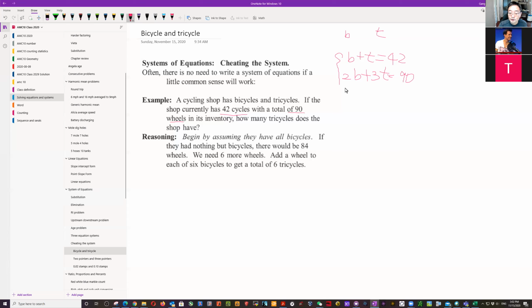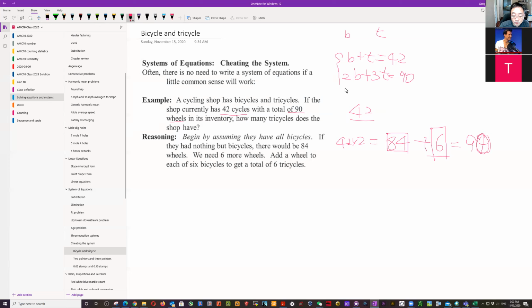Let's use common sense. Let's assume it's all bicycles. If the 42 cycles are all bicycles, then I get 84 wheels, because 42 multiplied by 2 equals 84. Then I find myself 6 short of 90.